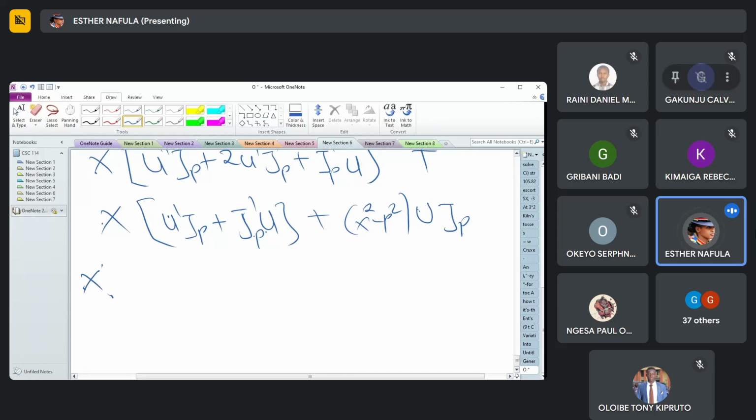Should be easy to see. x squared u double prime jp plus x squared 2u prime jp prime plus x squared u j double prime p.